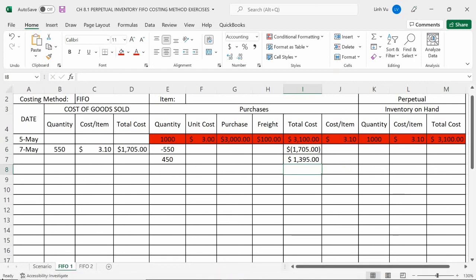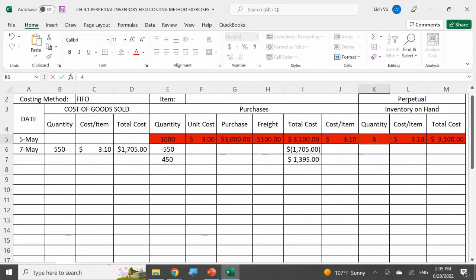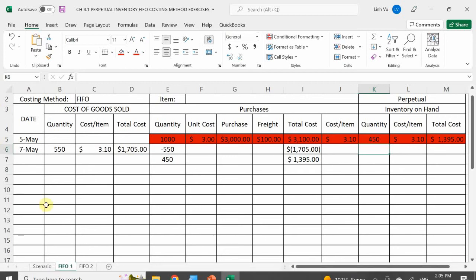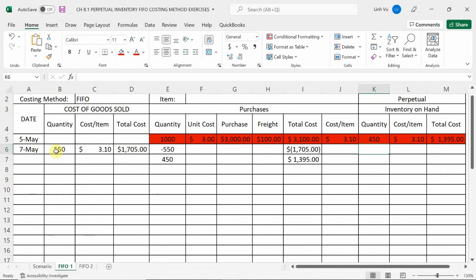So I did my calculations here. I finished my section 2. I need to update my inventory because now I no longer have 1,000 units. I have 450 left. And does it give me my $1,395? Yes, it does. $1,395 is my ending balance, and I only have 450 units remaining.